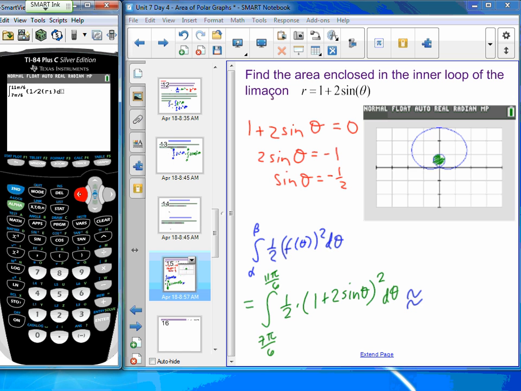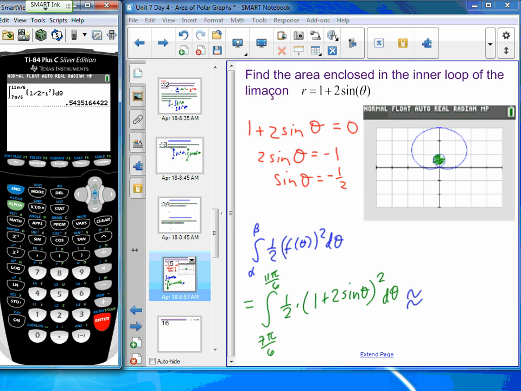See if I can mess this up in one fell swoop. I might be able to. We could certainly type that out in parentheses squared, but we need the squared as part of our general formula. I'm going to try that. I typed it out when I was doing it to practice, so we'll see. Hey, that looks familiar. So I'm getting 0.544 corrected to 3 places.